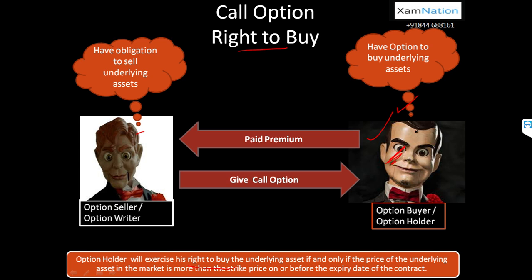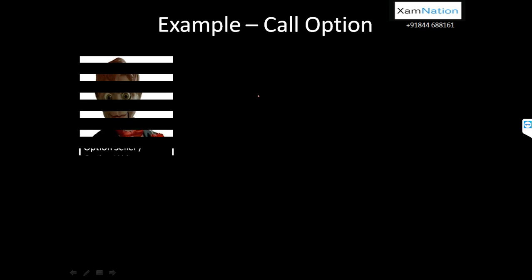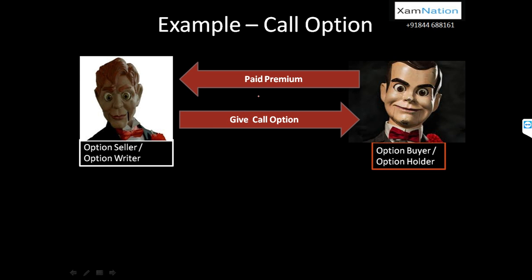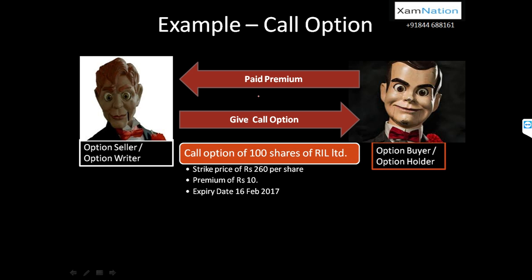Let's understand with an example, that would be a good thing. Let's say the call option is of 100 shares of Reliance Limited. There is a strike price of 260, that means the predetermined price at which this person will buy is 260, and the premium is, let's say, rupees 10. Then the expiration date is 16th of Feb 2017.